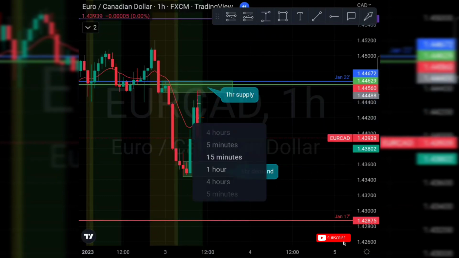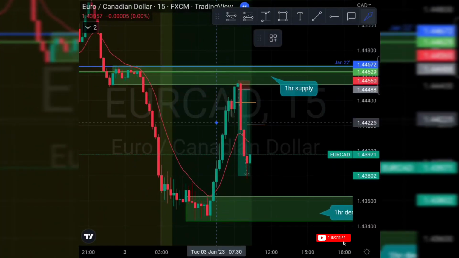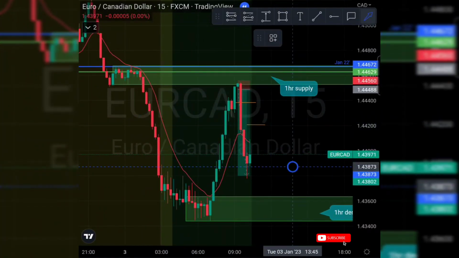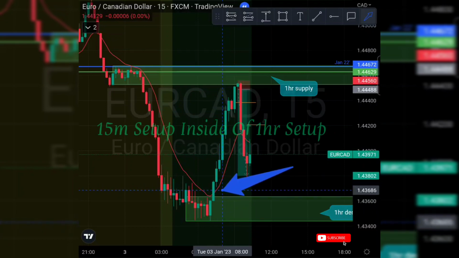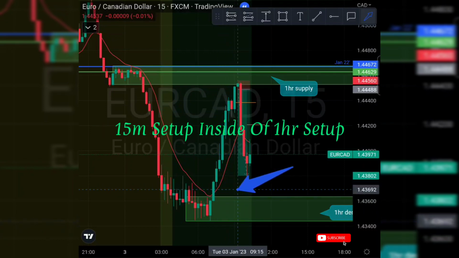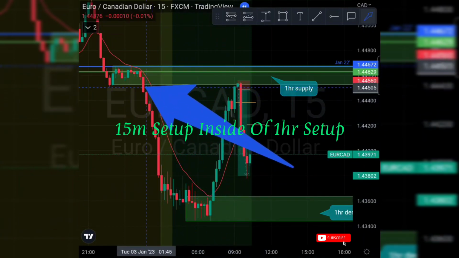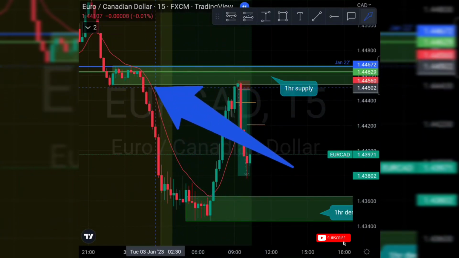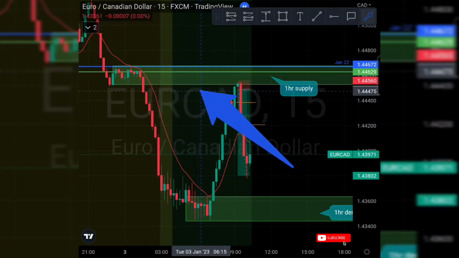And then if we go to the 15-minute, we see that those same 1 hour zones, the demand has a gap. So this is a 15-minute setup inside of a 1 hour setup, right? And the same for the supply. Still there, a gap right here. So this is a 15-minute supply inside of a 1 hour supply.